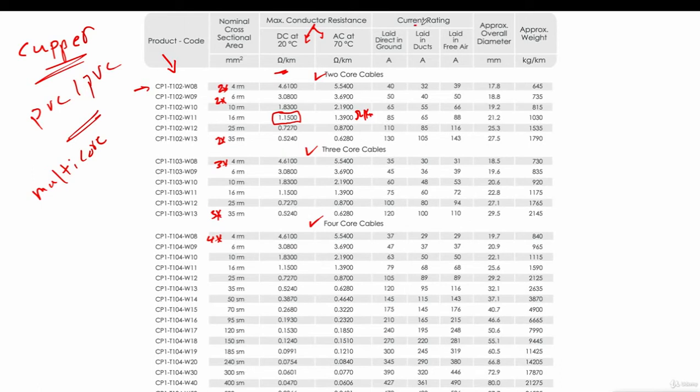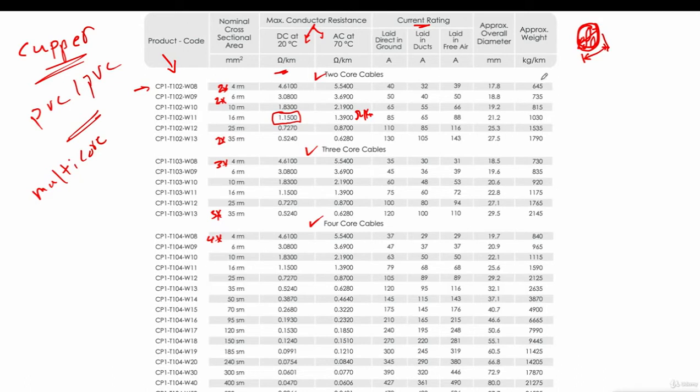Current rating, we will talk about it later. Now I need to look at this column, approximate overall diameter. We have a cable here, 2 cores or multi-cores, 4 cores. The approximate overall diameter means the diameter from the outer edge on this side to the outer edge on this side.